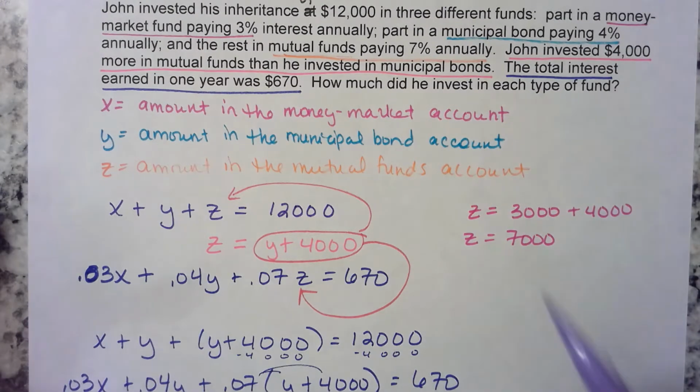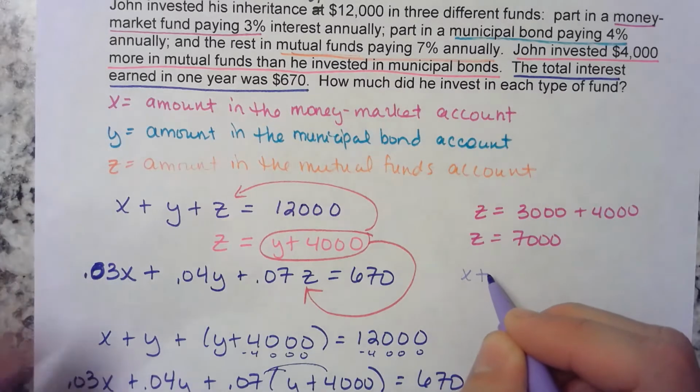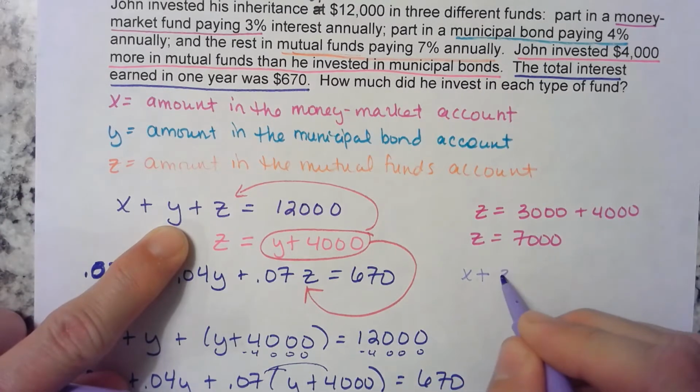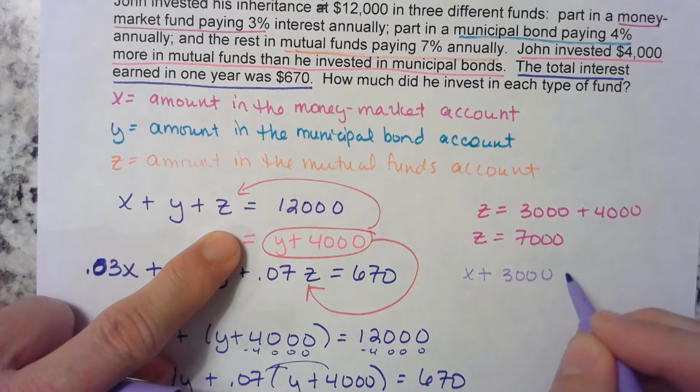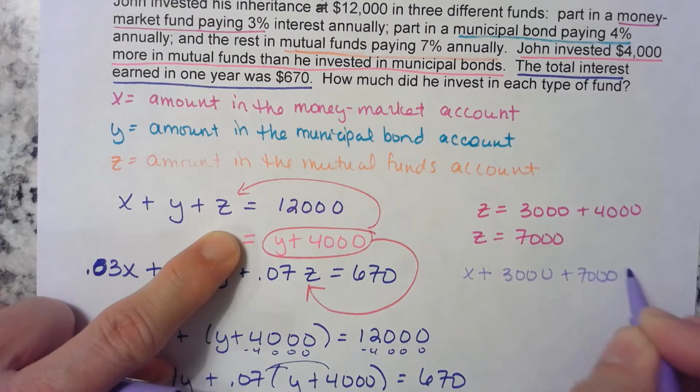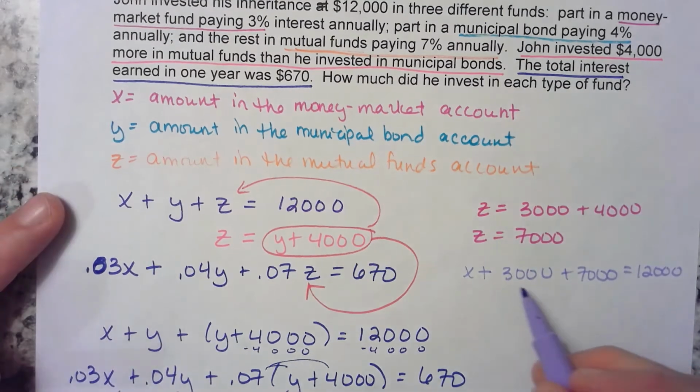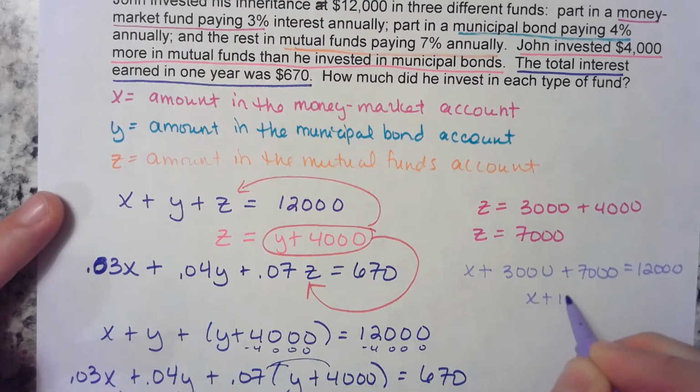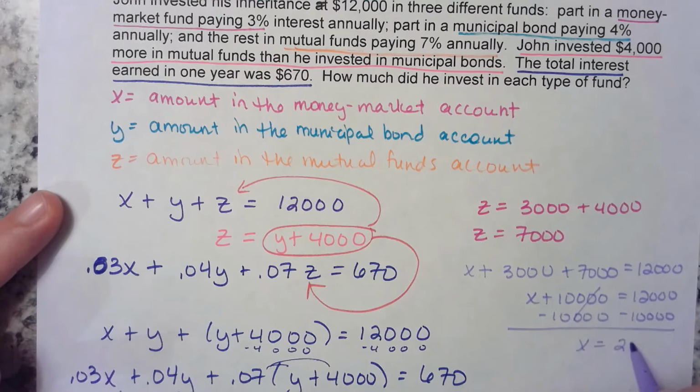So we have x plus y, which is 3,000, plus z, which is 7,000, is equal to 12,000. 3,000 plus 7,000 is 10,000. Subtract that from both sides. We get x is equal to 2,000.